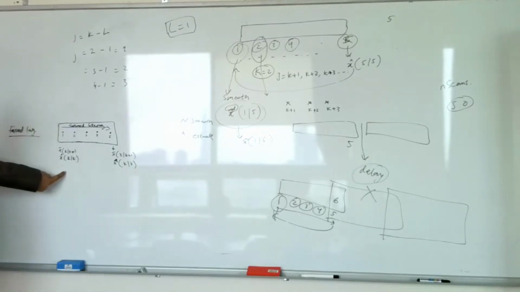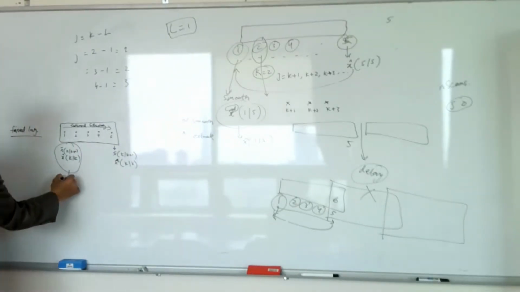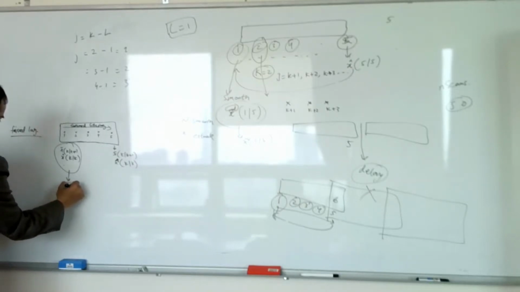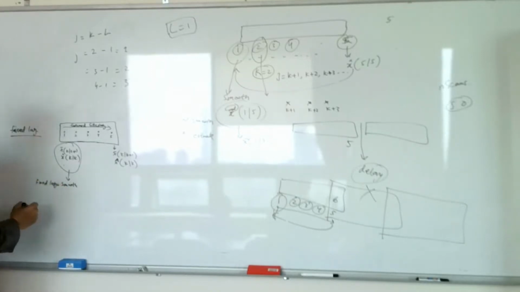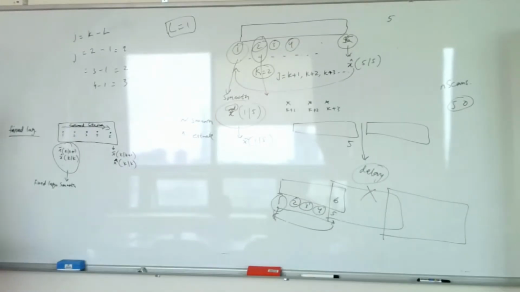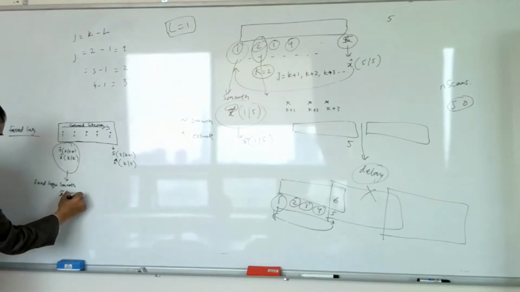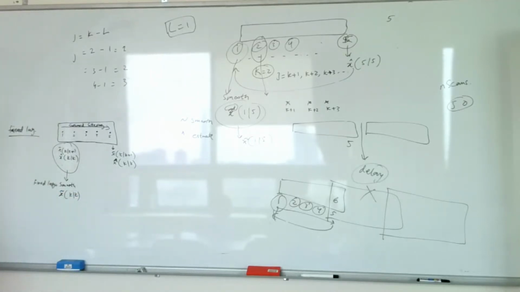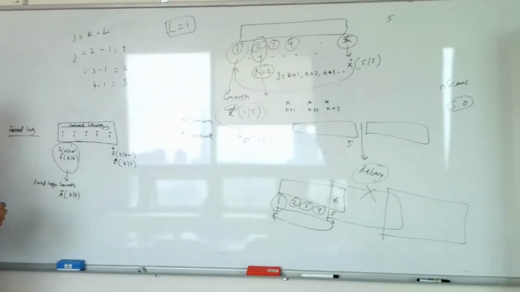Then it goes back here and it smooths only this one. Smoothing. Okay, fixed lag. So after smoothing it gets the state like this one.